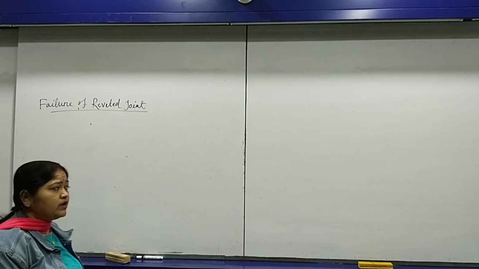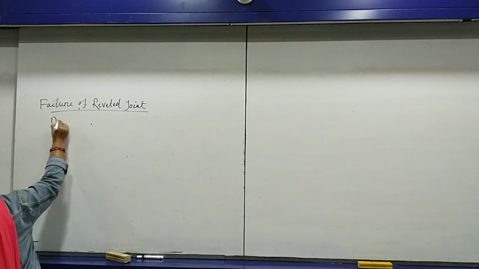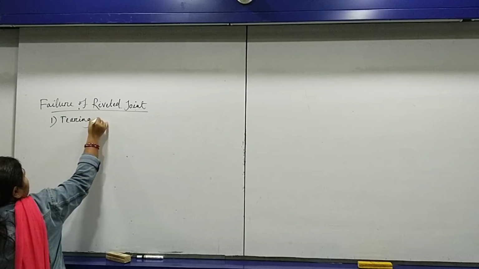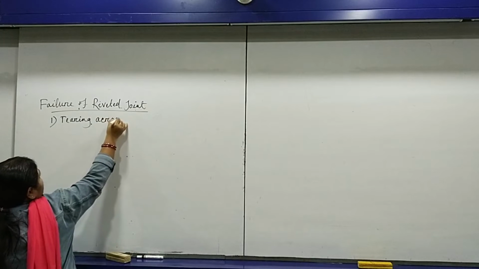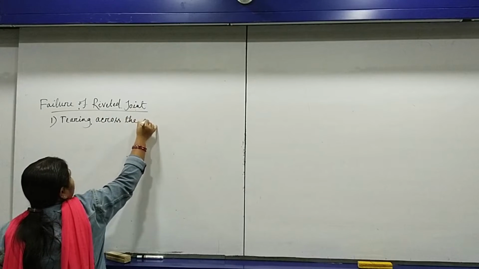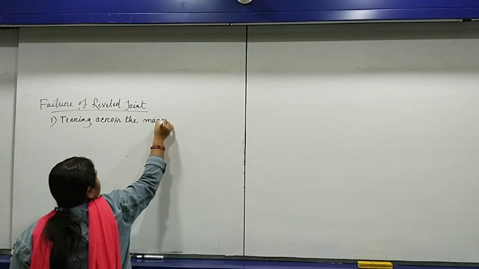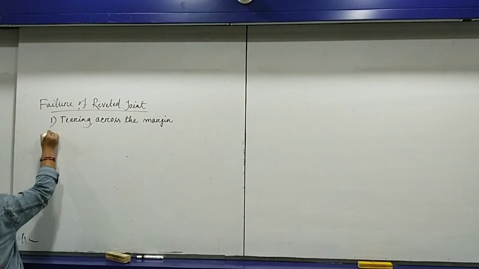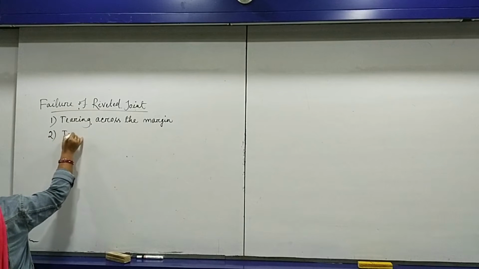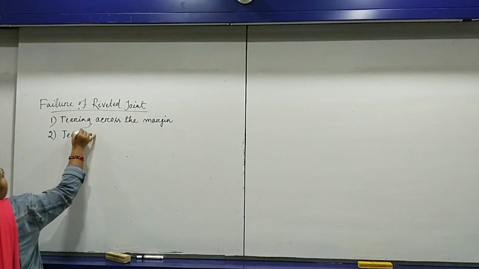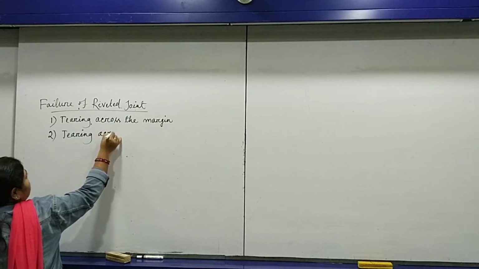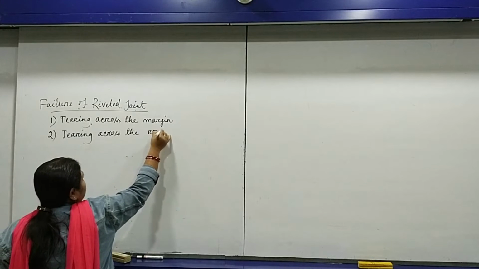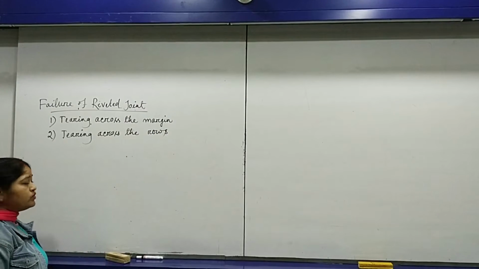What are the four types of failure? First is tearing across the margin. Second is tearing across the rows.